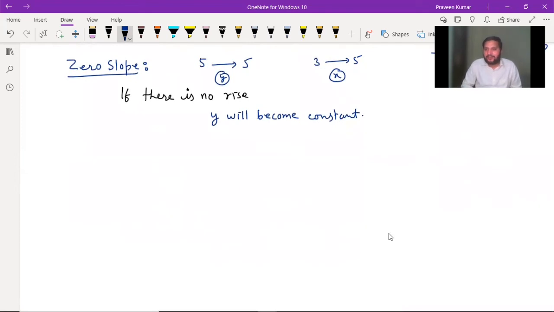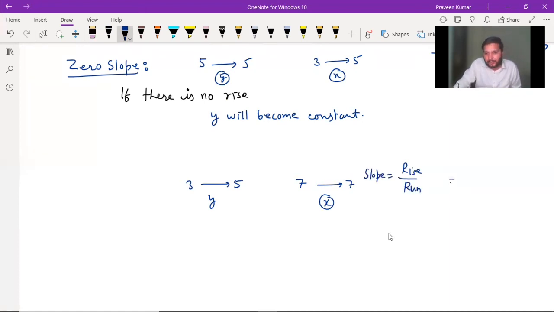What happens if run will not change? Only rise will change. Say if y changes from 3 to 5, but x goes from 7 to 7. No run. When y changes 3 to 5, but x does not change, in this particular interval rise over run will become, definitely it is slope.